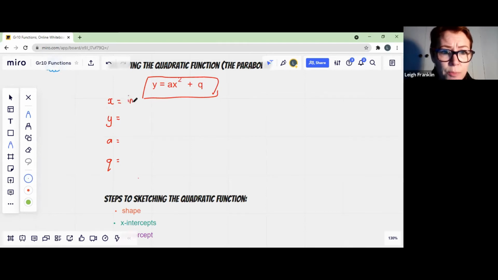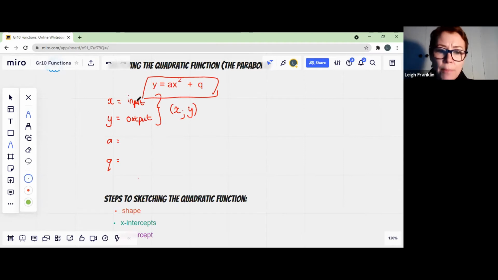X is important because X represents input, okay? Y is important because that represents output. Now, when we are talking about input and output, these are the points that make up our curve. So this is an X going in, that's the input, and Y is the output, the corresponding value that comes out.